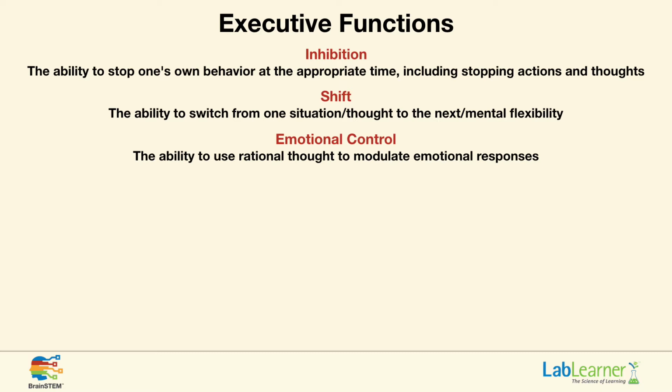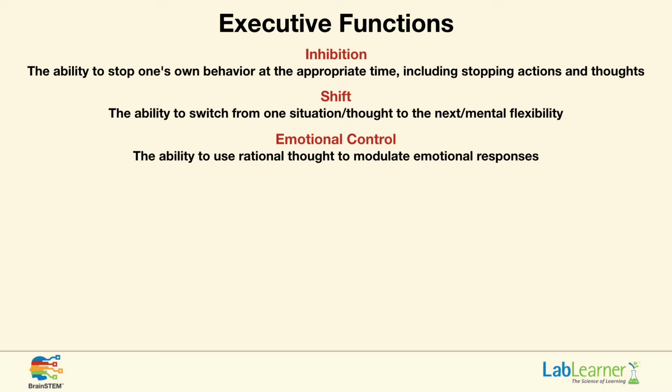The other aspect of executive functions is emotional control, and this is the ability to use rational thought to modulate emotional responses. This is huge. One thing I may point out at this point for you to consider is that one of the reasons these steps in executive functions became interesting to me is because I was looking at the situation of ADHD, and students with ADHD are notorious for having reduced executive functions.